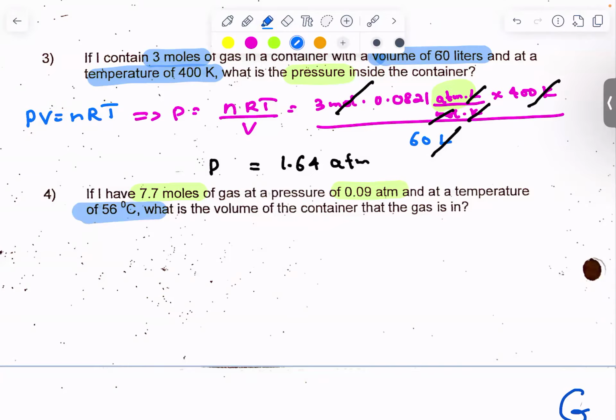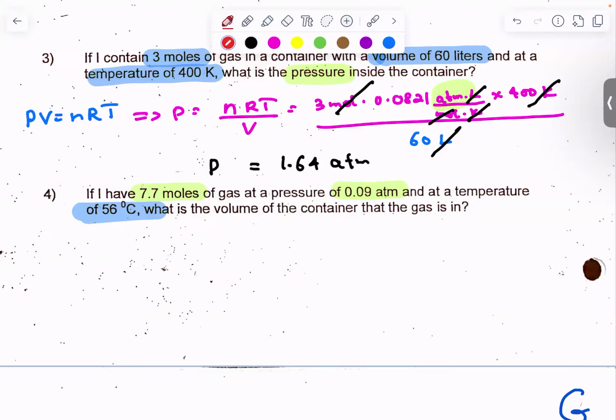So the temperature here is given incorrectly. That's why I have used a different color. So leave the correct values as such and underline the value which is wrong.